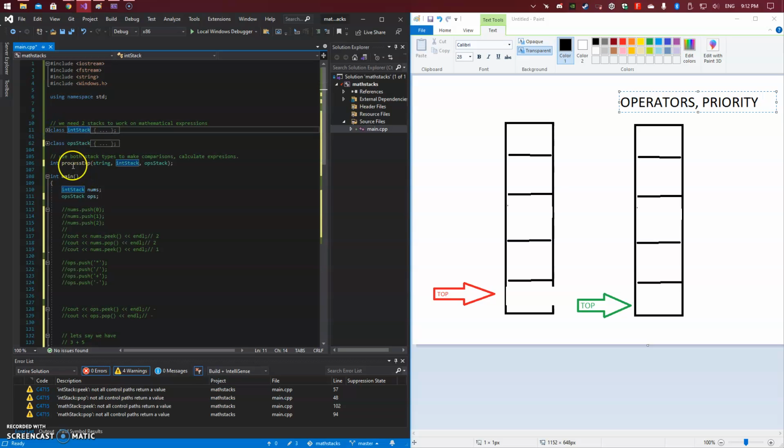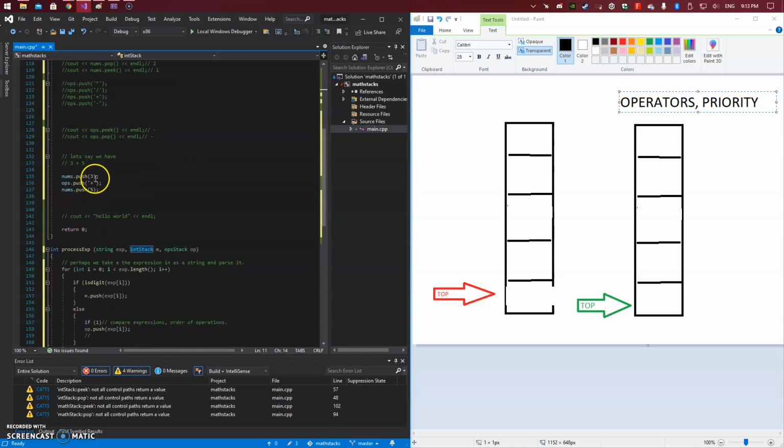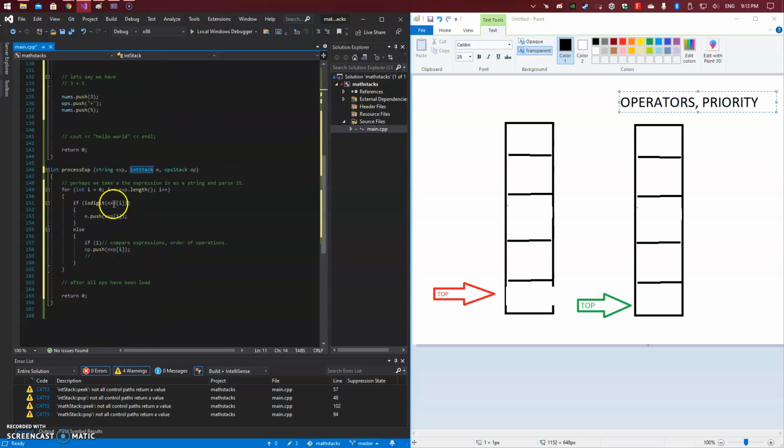If we start processing an expression, we would want to take that string and iterate over it, see if you are getting numbers and push them into the number stack, and if not, push them into the operator stack. There's more that needs to be put here for pushing into the operator stack.